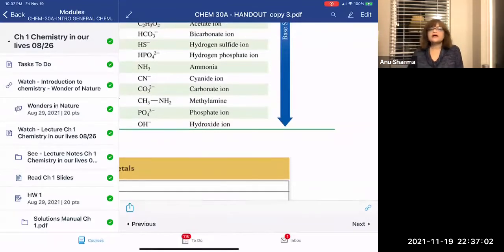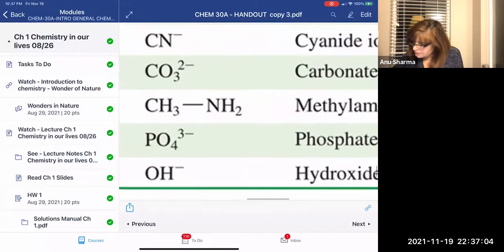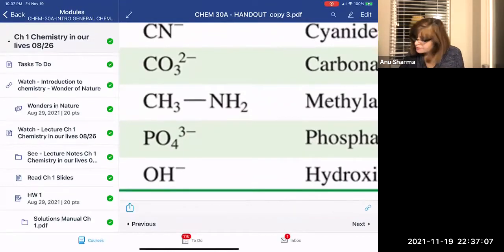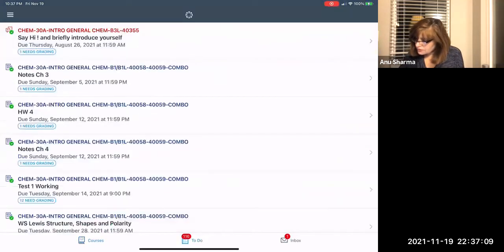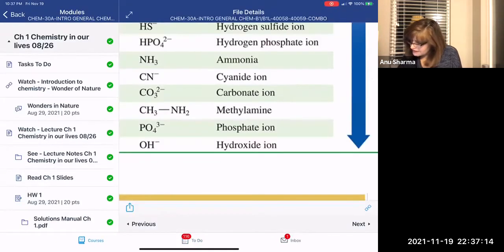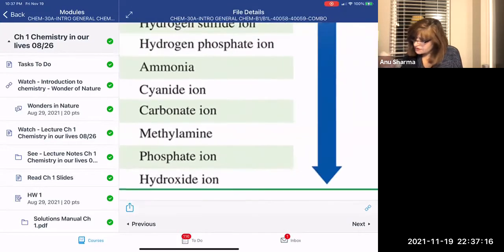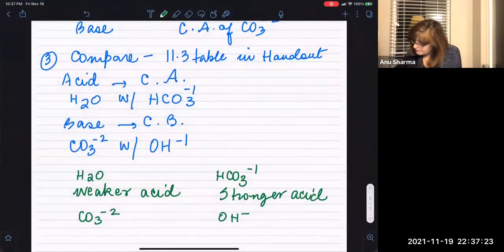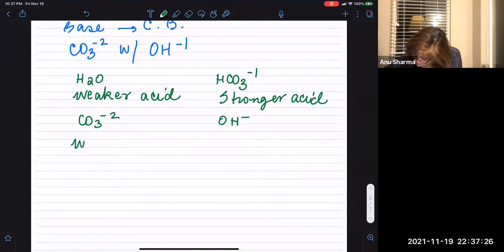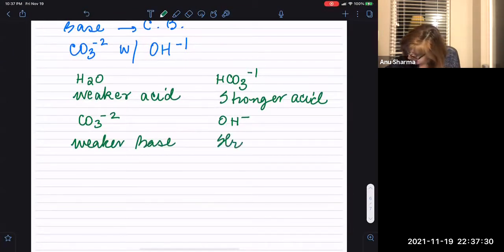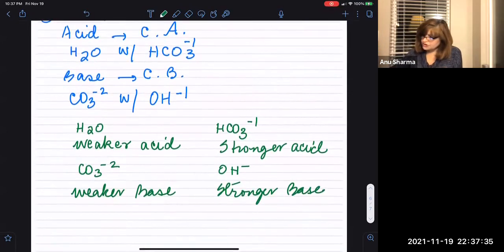In comparison, this carbonate anion is a comparatively weaker base, and OH is comparatively a stronger base. So OH is the stronger side.